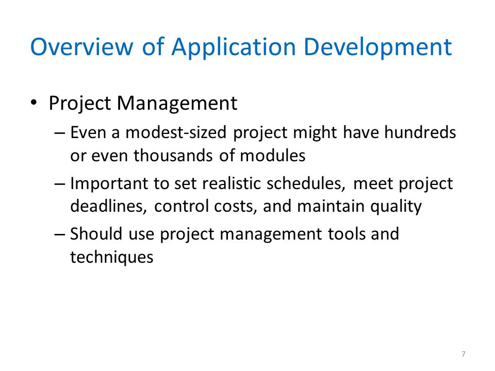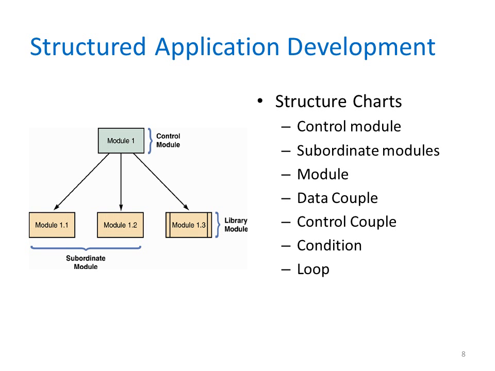To achieve these goals, the systems analyst or project manager should use project management tools and techniques similar to those described in Chapter 3 to monitor and control the development effort. Structured application development usually involves a top-down approach, which proceeds from a general design to a detailed structure.